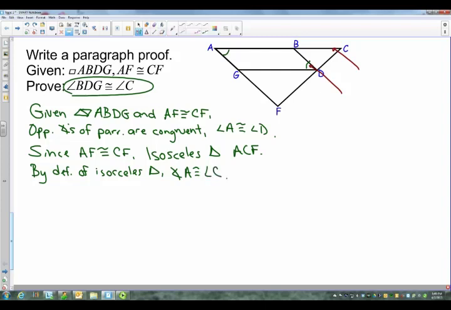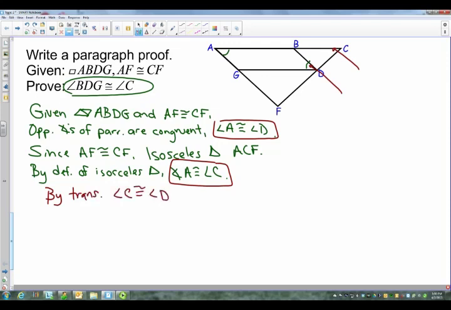Well, up above, now I'm going to highlight this, we said that angle A is congruent to angle D. Right here, we said that angle A is congruent to angle C. Well, what that means is that by transitive, angle C is congruent to angle D.